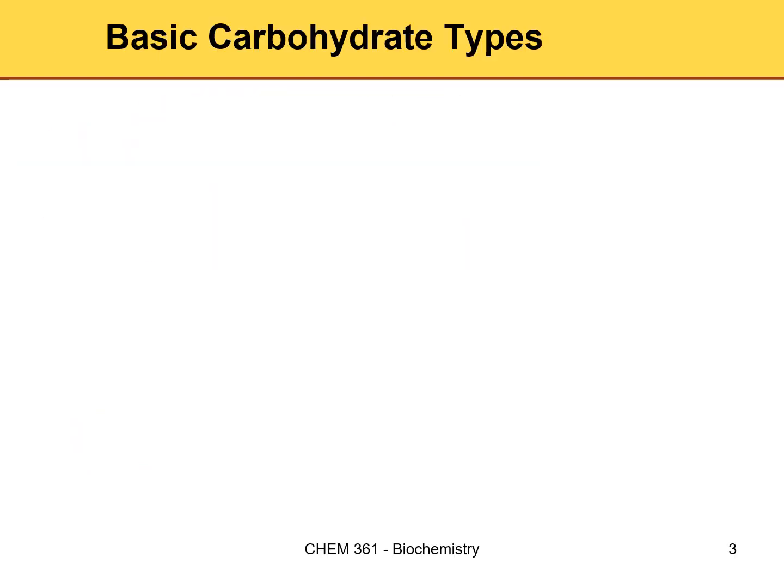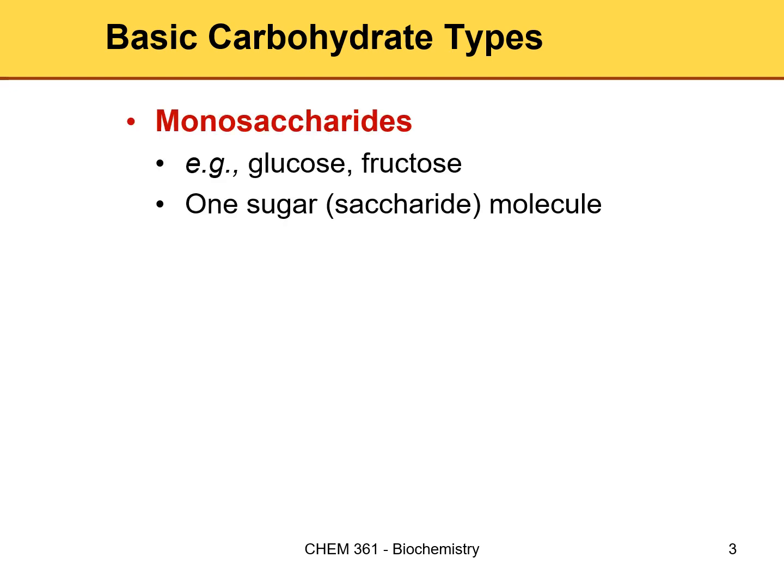It turns out there are basically three types of carbohydrates. We call them monosaccharides, and as the name suggests, mono means one, so monosaccharides are simple building blocks, one sugar molecule.